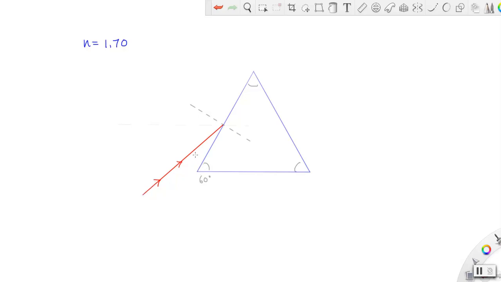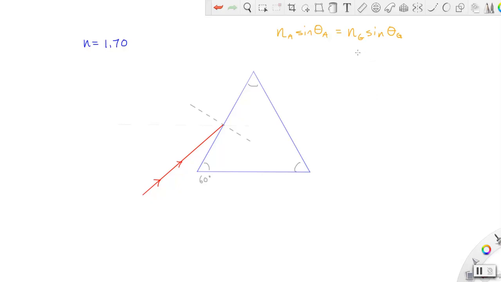If this is coming in at 40 degrees with respect to the horizontal, my first question, if I'm going to write down Snell's law, which I am, Snell's law is given as the index of refraction of air, sine of the angle in air with respect to the normal, is equal to the index of refraction in glass, sine of the angle of the ray of light in glass with respect to the normal.